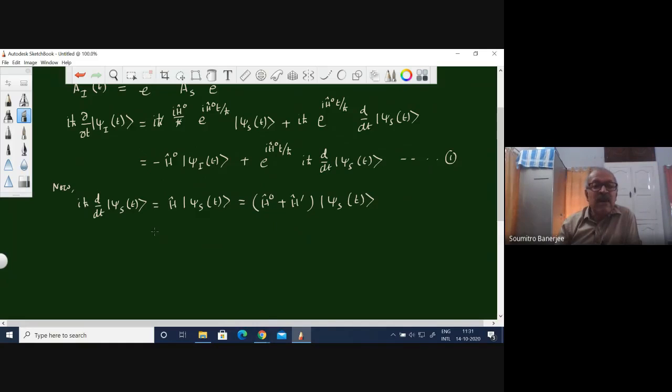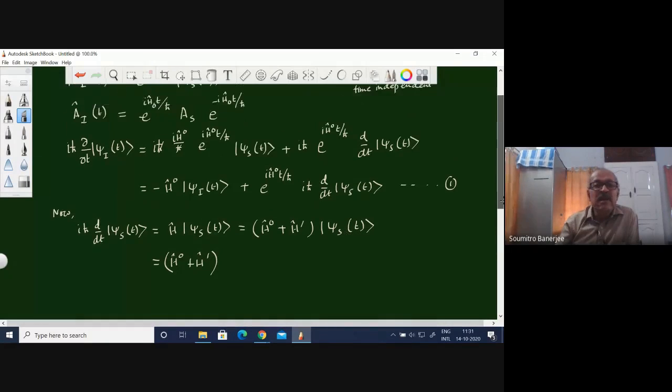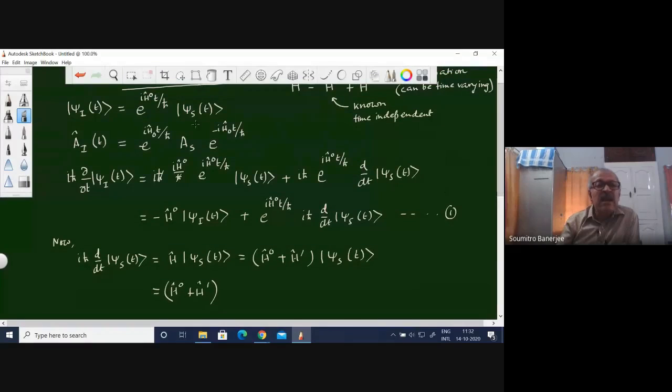Then we will first operate with this, and then we'll operate with that. So what we ultimately get is (H naught plus H dash) psi S of t. I'll try to convert that into the interaction picture.